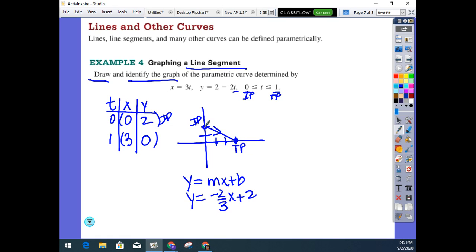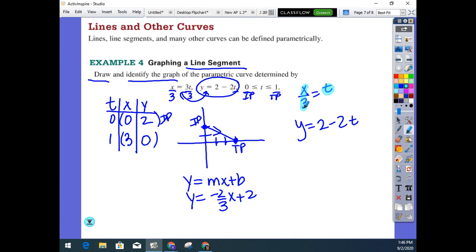But I'm going to show you something else that ends up being kind of easy. We could just substitute using these two equations. I'm going to solve for t here. If x divided by 3 equals t, look at the y equation. Y equals 2 minus 2t.